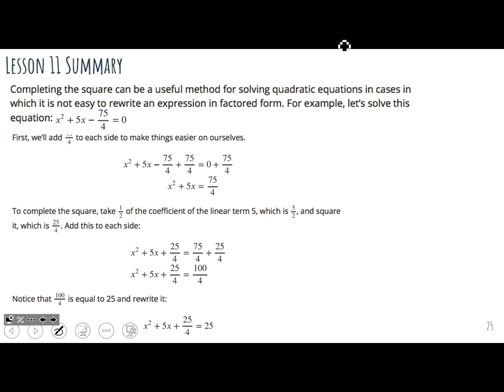They add 25 over 4 to both sides in this equation, and you get something that factors nicely. Biggest summary here: when you don't have a perfect square, don't sweat it. Take the square root, show that it's a square root, stick a plus or minus on it to show that it's two possible roots. Okay, I think that's about it for here.